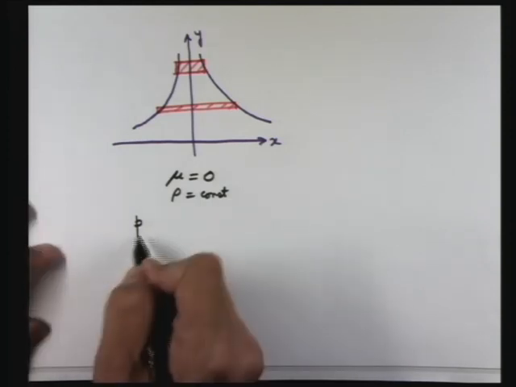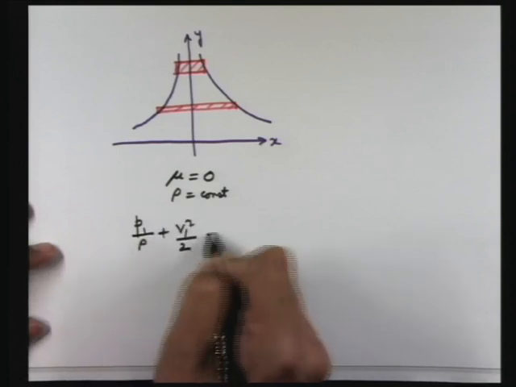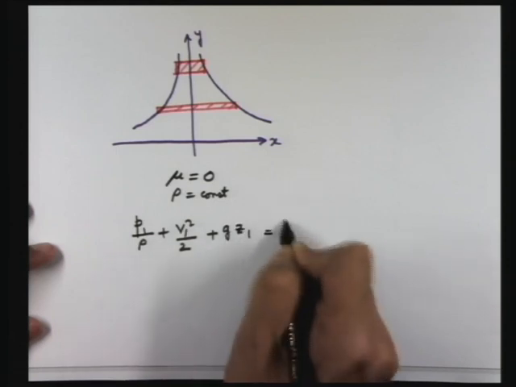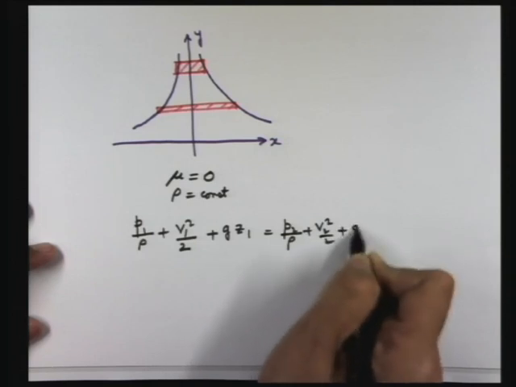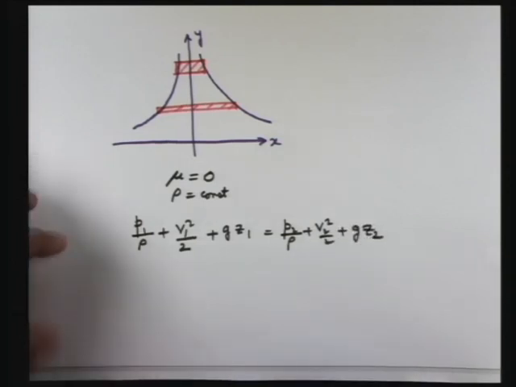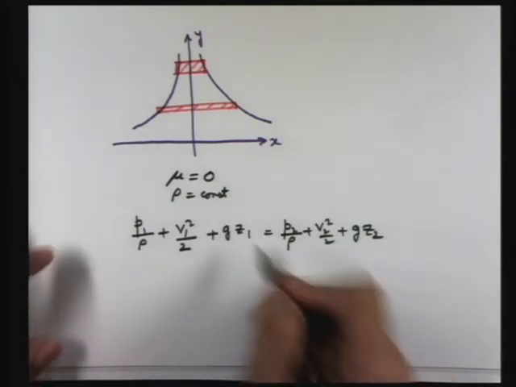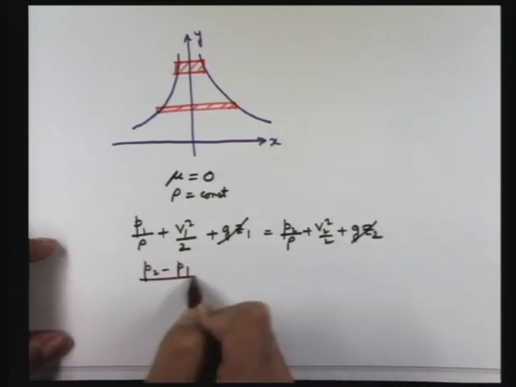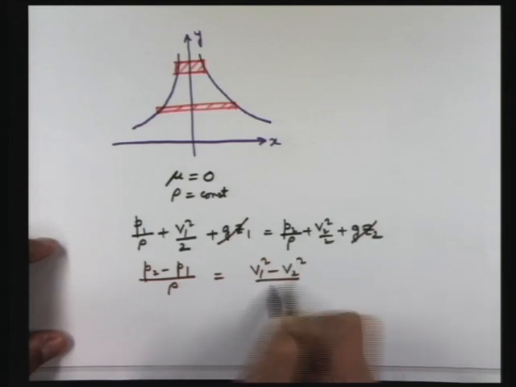So P1 by rho plus V1 square by 2 plus gZ1 is equal to P2 by rho plus V2 square by 2 plus gZ2. Assuming that Z1 and Z2 are same, there is no change in height, you can cancel this. So (P2 minus P1) by rho is equal to (V1 square minus V2 square) by 2.